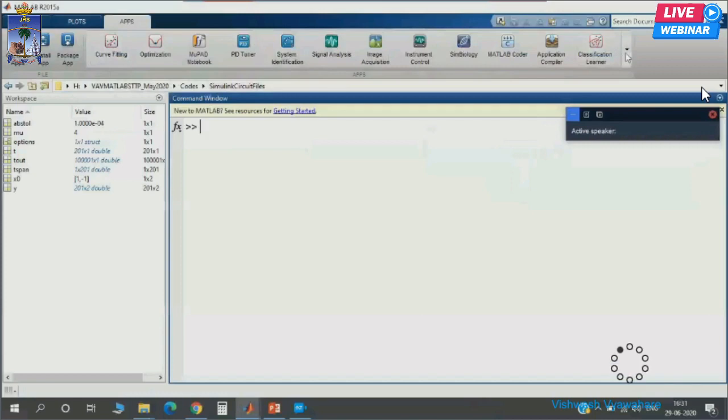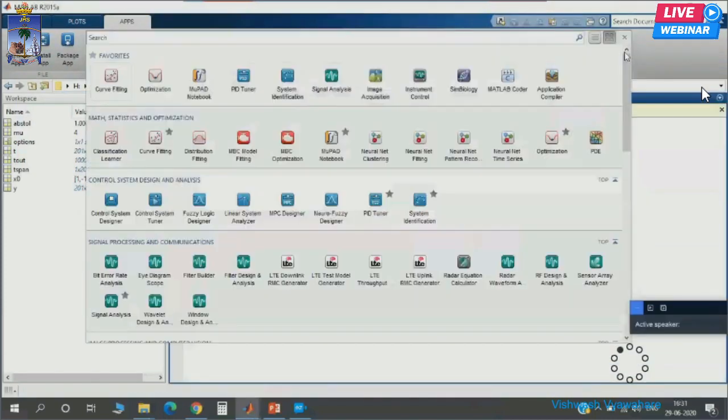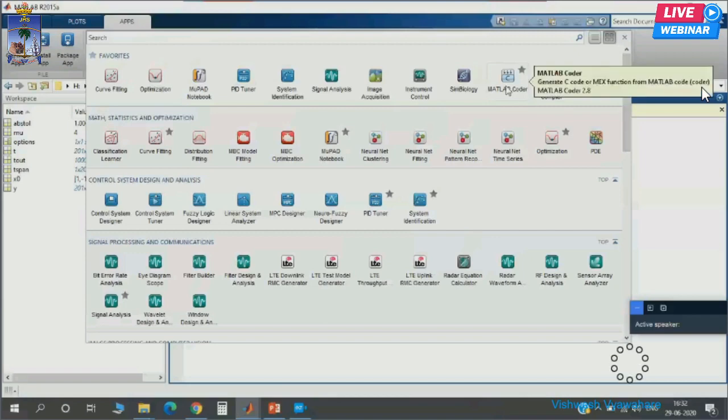If you see these apps, these are the different ones available right now. I don't know whether it is visible on YouTube or not. Curve fitting, optimization, PID tuner, system identification, signal analysis, image acquisition, instrumentation control, SimBiology, MATLAB coder, which is used for generating MEX code.